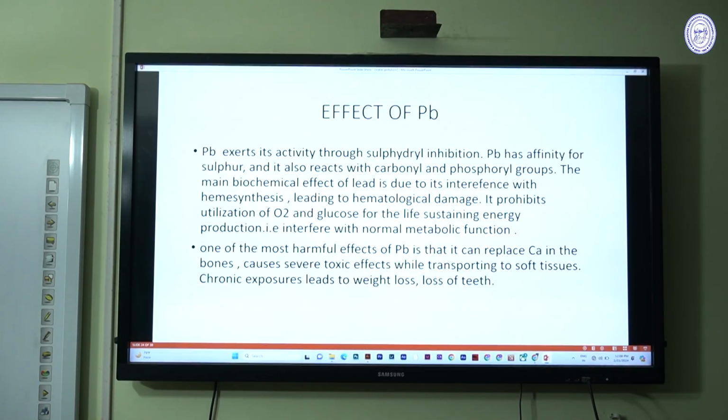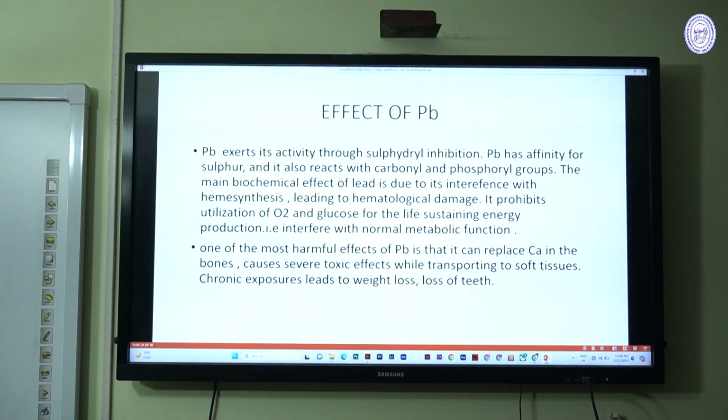The main biochemical effect of lead is due to its interference with heme biosynthesis, leading to hematological damage. It prohibits utilization of oxygen and glucose for life-sustaining energy production, that is, it interferes with normal metabolic function.